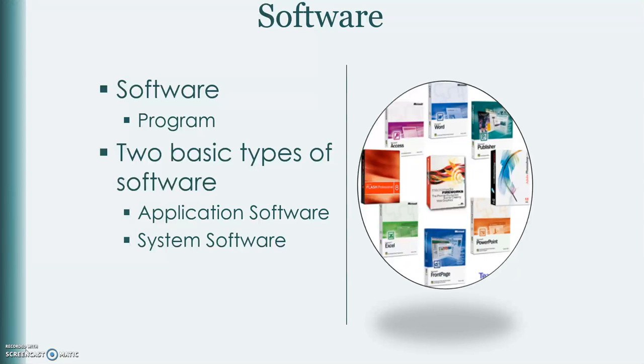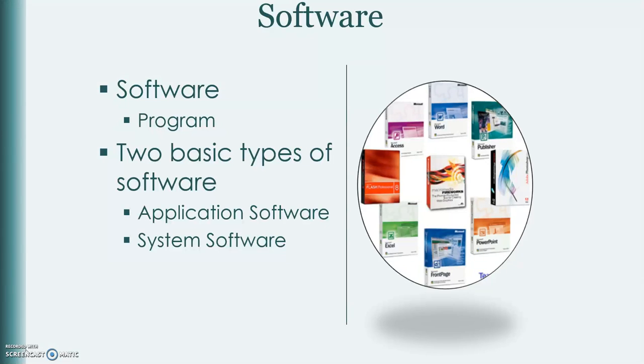So software refers to a set of instructions that tells the computer what to do. An instruction set, called a program, provides a means for us to interact with and use a computer. Your computer has two basic types of software: application software and system software.